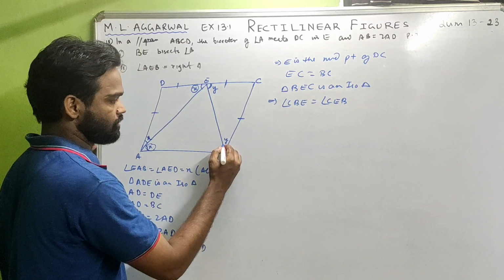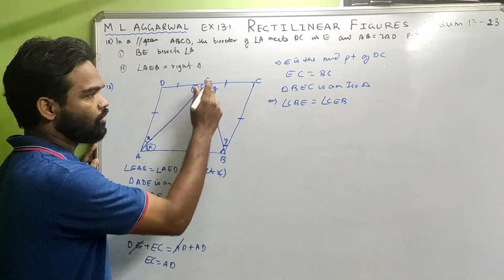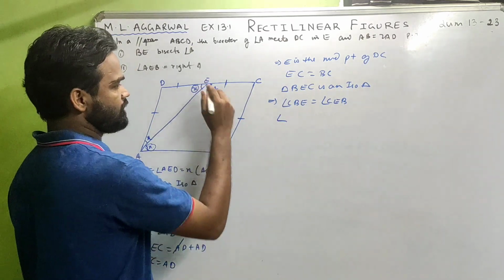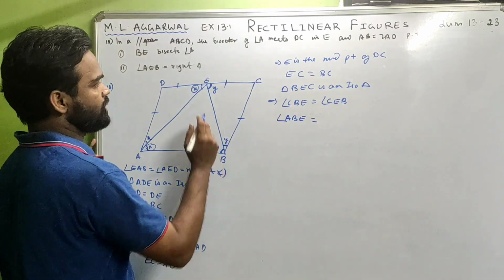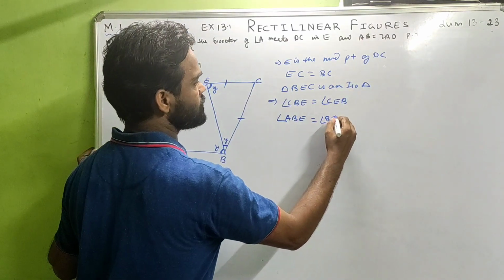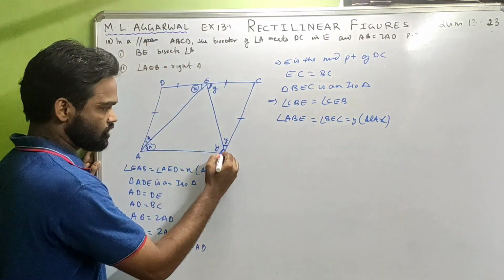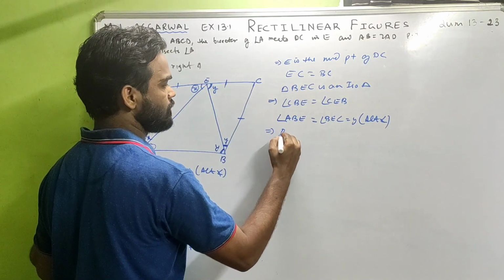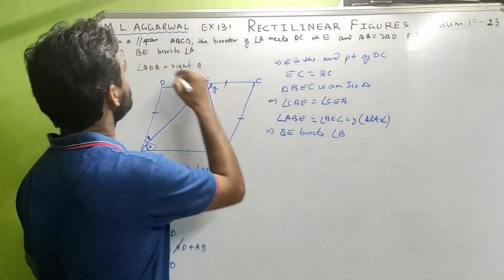Now this angle and this angle will be equal, alternate. So if this is Y, this is Y. Angle ABE is equal to BEC, which is Y, alternate angle. So BE bisects angle B.